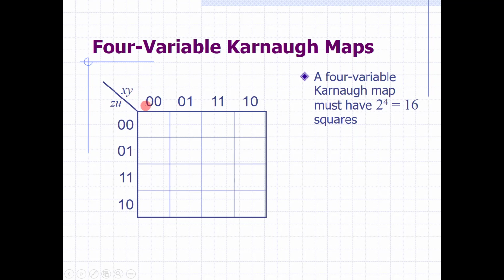When you're making a 4 variable one, you'll notice that the first pair looks normal. That's the number 0. Then you have the number 1. But look at that. We swapped again. These two columns you can picture as swapped around. And when you go down, you do the same thing. The number 0, the number 1, then the number 3, then the number 2.